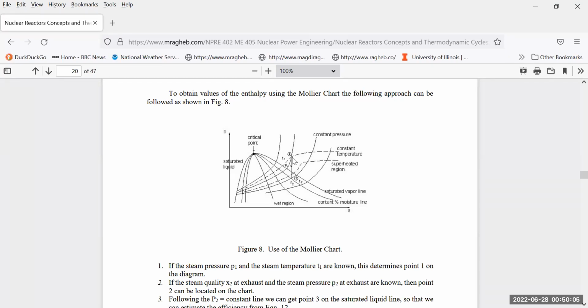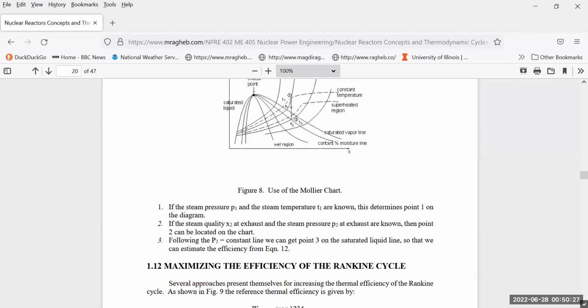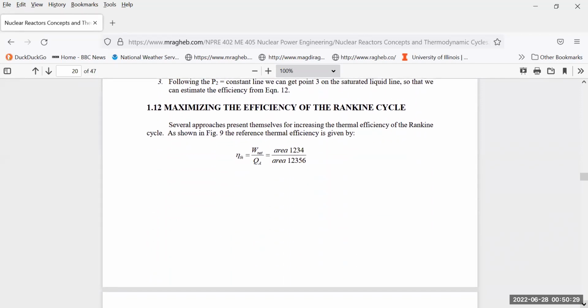The two points intersect at the point here, B, and this would be superheated steam. If it were on this line, it would be saturated steam. You expand it to a point P sub 2, to a given pressure line or a given isothermal, and you get the point 1 enthalpy and the point 2 enthalpy, and you can substitute in that equation to get the efficiency in general.